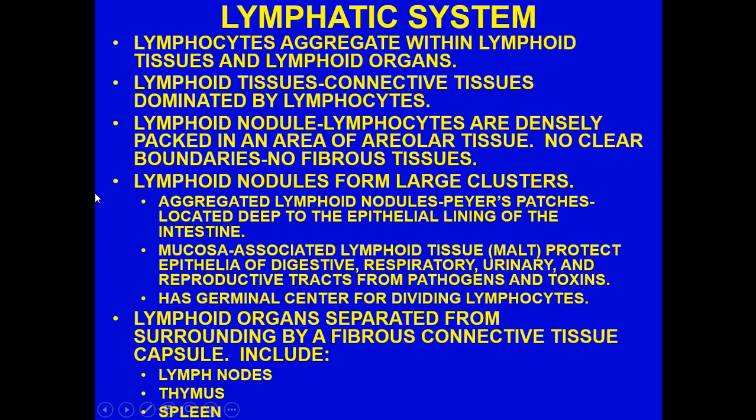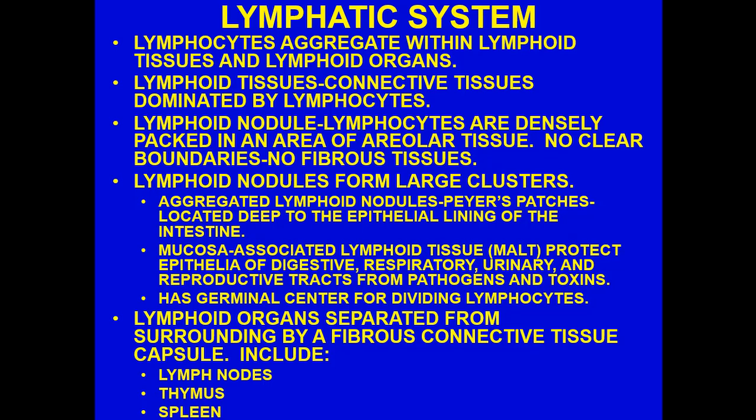Now, lymphocytes aggregate, that is, cluster together within lymphoid tissues and lymphoid organs. Lymphoid tissues are defined as connective tissues dominated by lymphocytes. Lymphoid nodules are lymphocytes that are densely packed into an area of areolar tissue. If you remember what areolar tissue is from AP1, it's very loose.